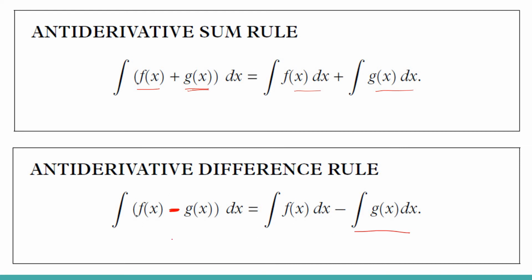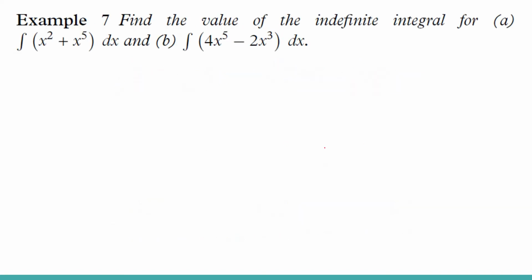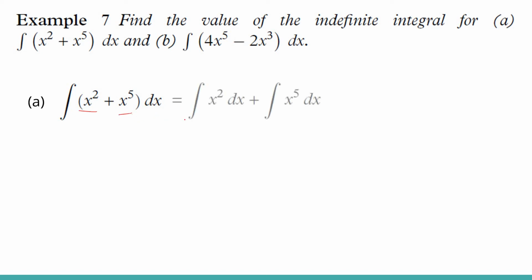So, how will we apply this one? Example. Letter A here is to find the indefinite integral of the quantity x squared plus x raised to the power of 5 with respect to x.